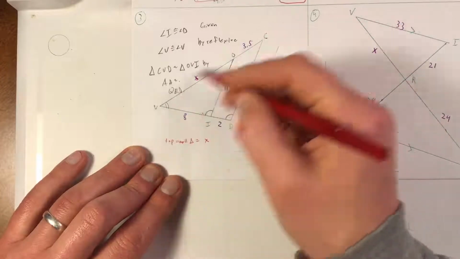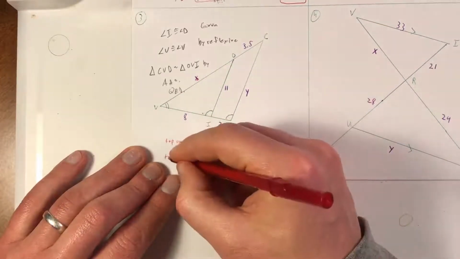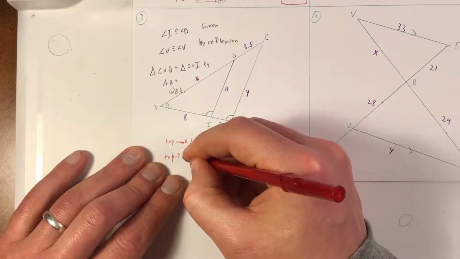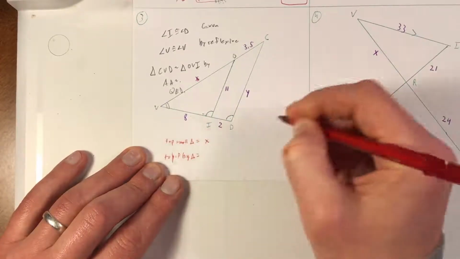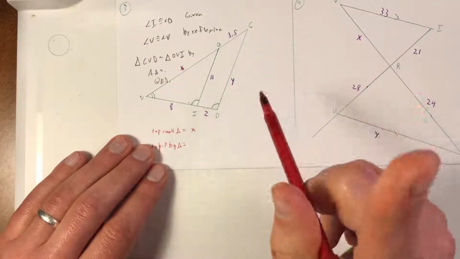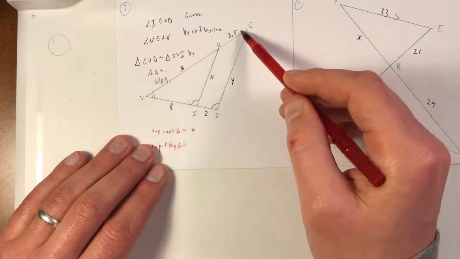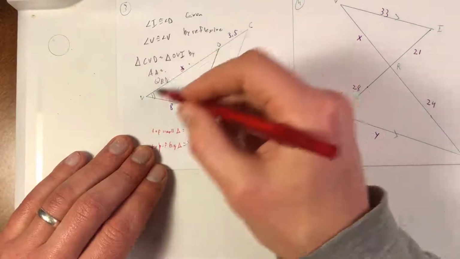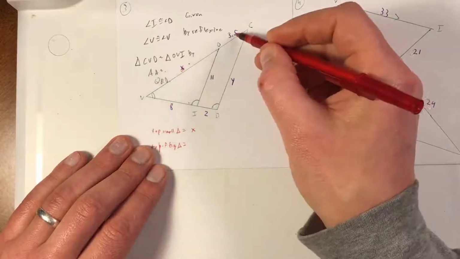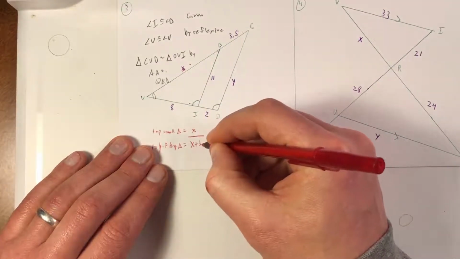This whole side of the big triangle, so the top of the big triangle, you gotta be careful here, don't say it's 3.5, that's not correct. It's gonna be x plus 3.5. If this were 4, this whole side then would be 4 plus 3.5 or 7.5. So I'm gonna set up x plus 3.5.